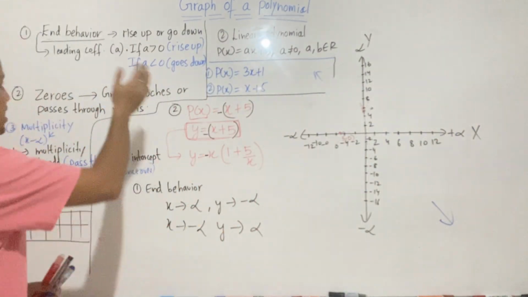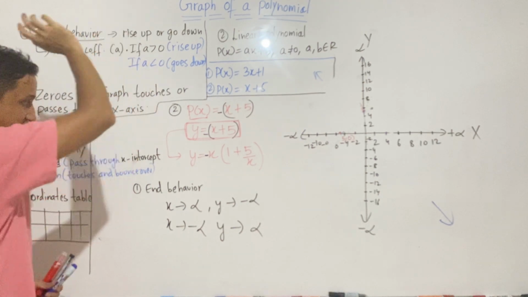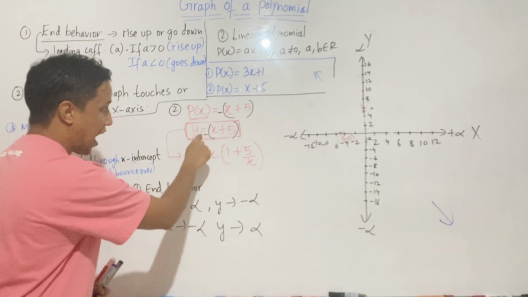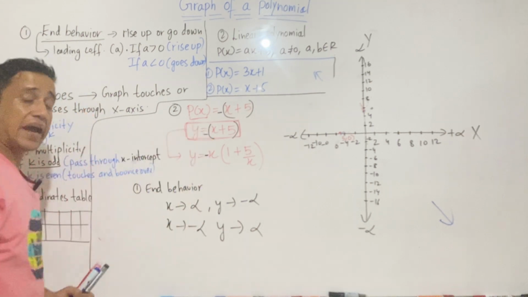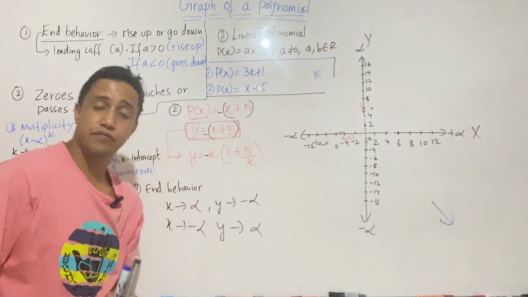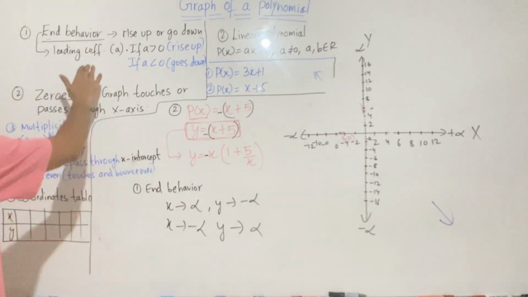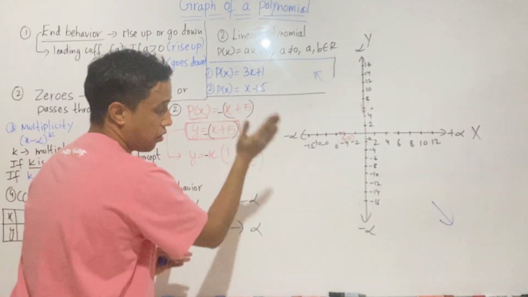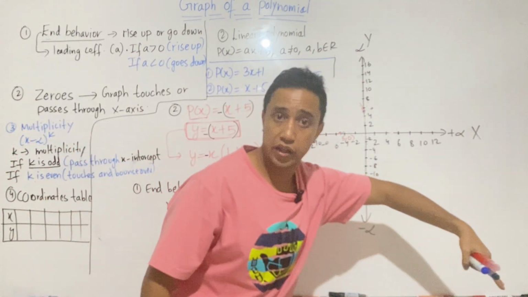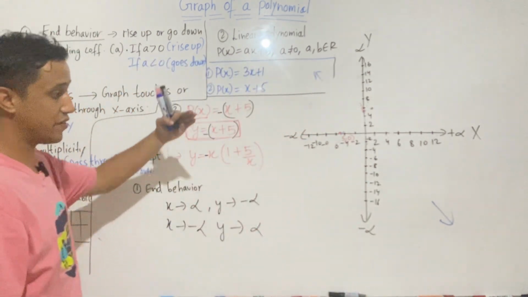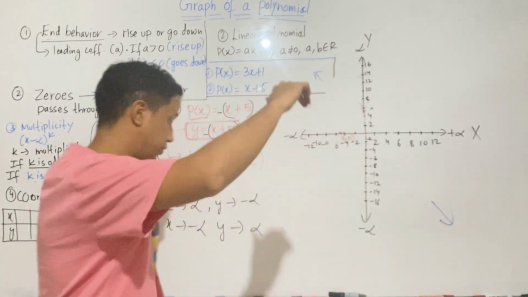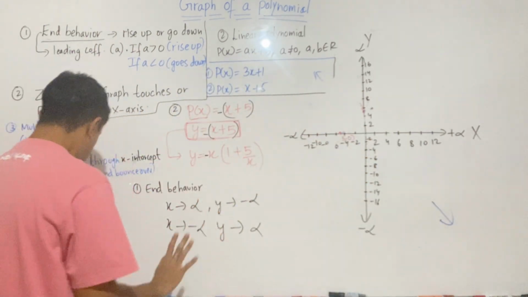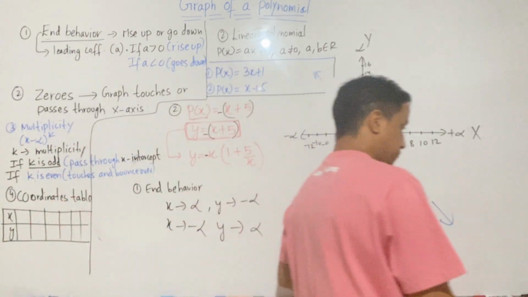That's what they say when your a is less than 0. If I multiply it inside by a minus sign, then my leading coefficient becomes negative. So the end behavior will go down, not rise up. So the end behavior is checked, fine.